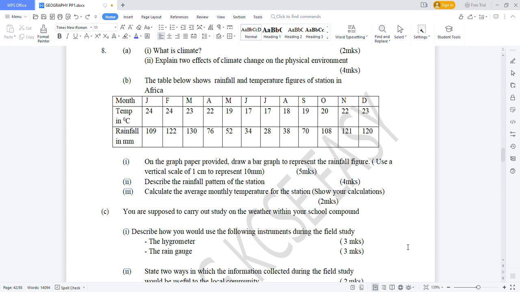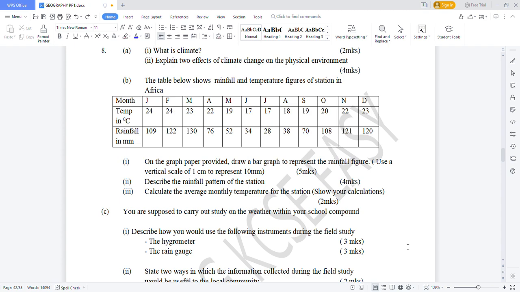The difference between the two readings is used to calculate the relative humidity.